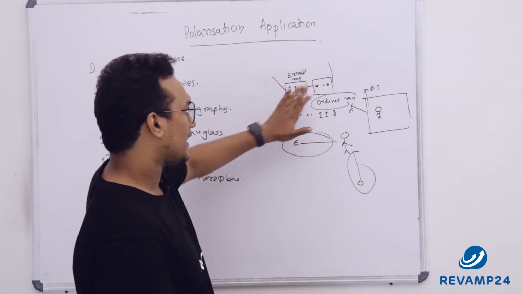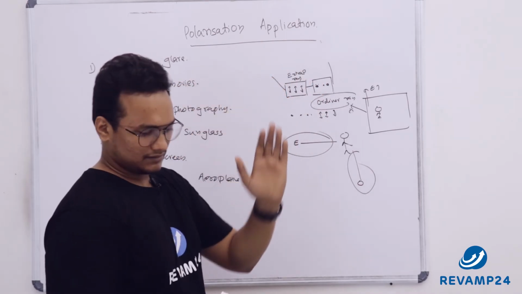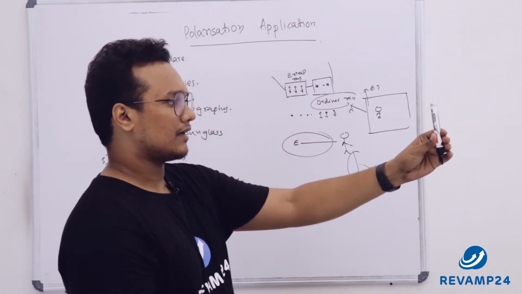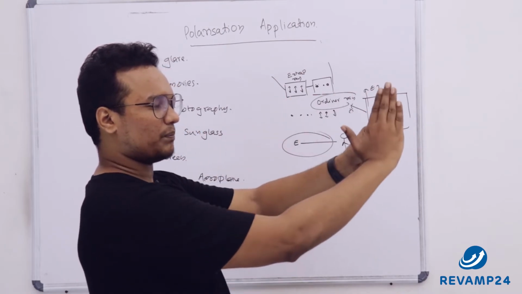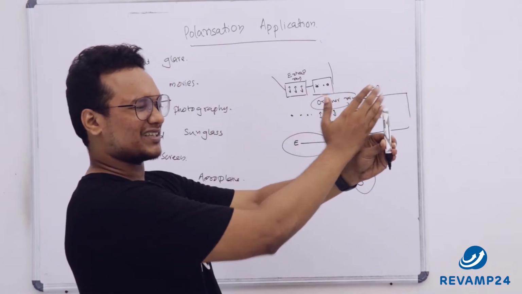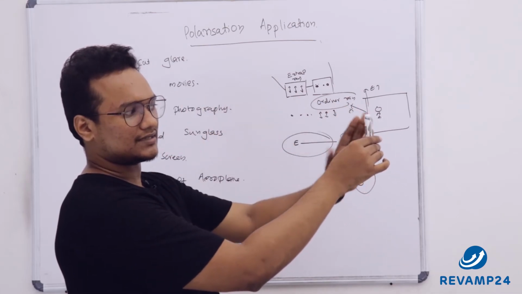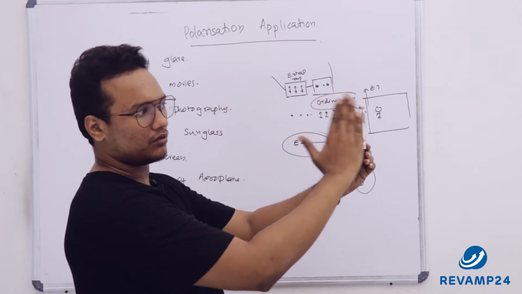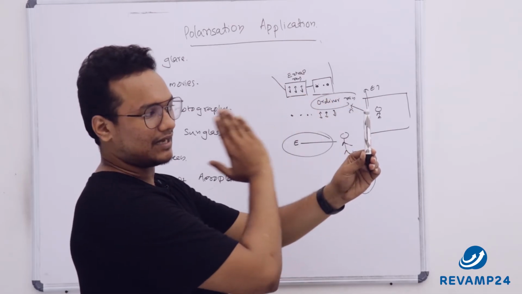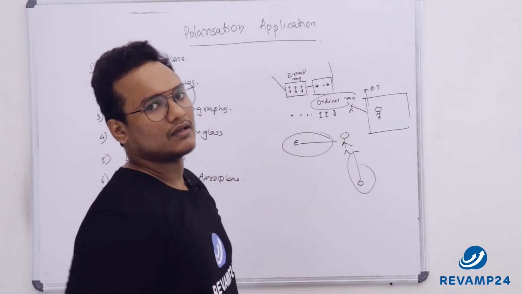Okay, so this eye takes only one, like we see in real life, this eye is taking one picture and this eye is taking another picture. Whatever picture the left eye is taking cannot be taken with the right eye.